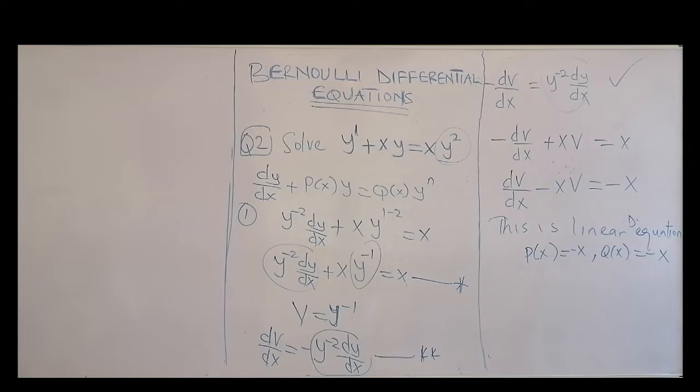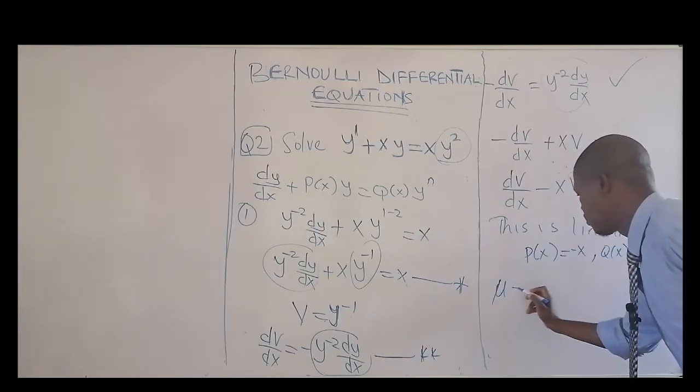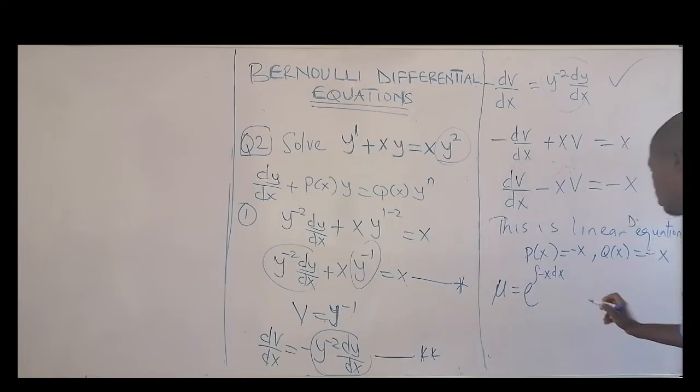Then we can get the integrating factor, which will be e to the integral of minus x dx, and that will be e^(-x²/2).